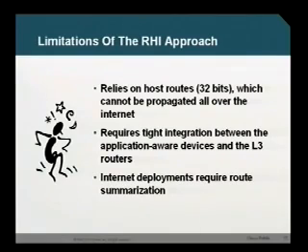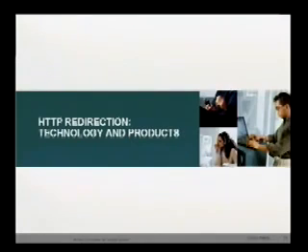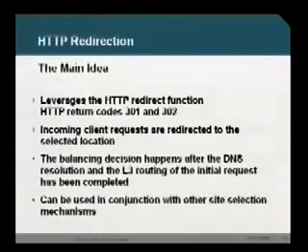Pretty much all stateful devices, firewalls, load balancers, maintain state for TCP. Internet deployment requires route summarization. Any questions on that? So the IP-based solution, I've actually tested that in the lab with BGP and simulating multiple ASs, and it works well, at least in the testing that I've done, and I have had a couple of customers who have deployed it also.